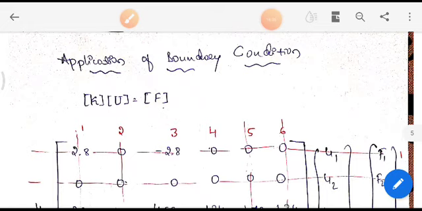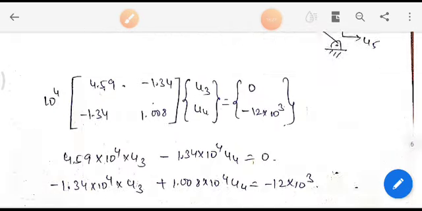It takes a lot of time. So for any problem on the truss, we used to go for the elimination approach method. In the elimination approach method, we simply eliminate the rows and columns.